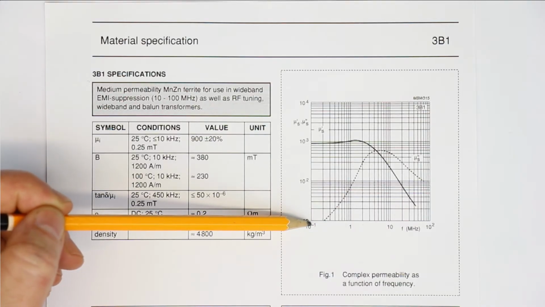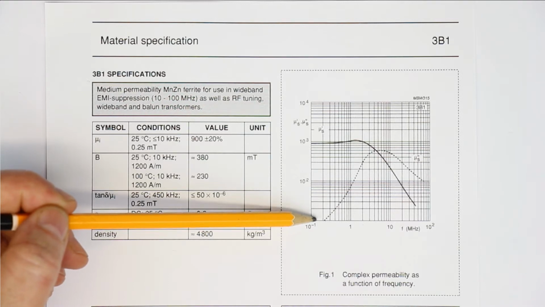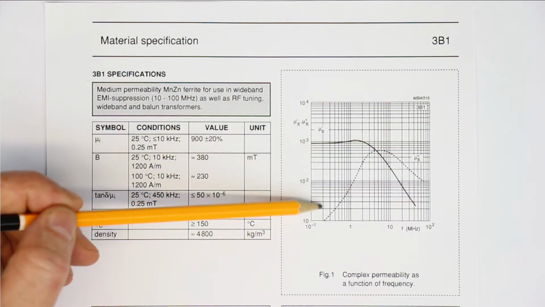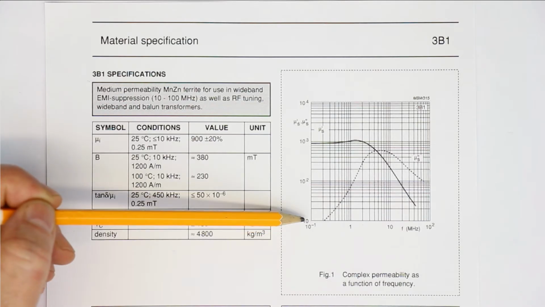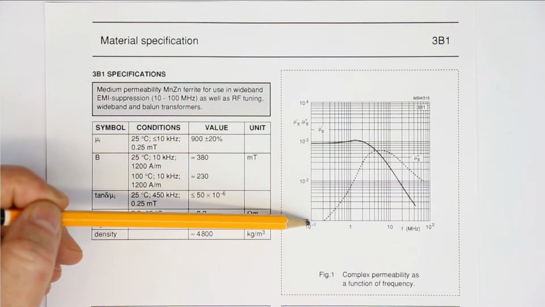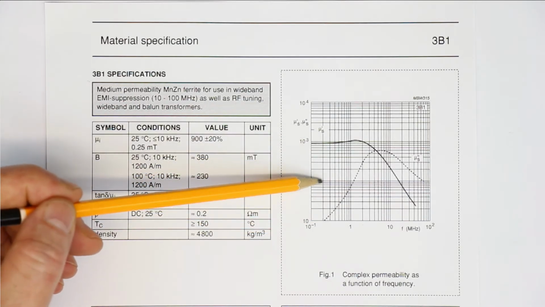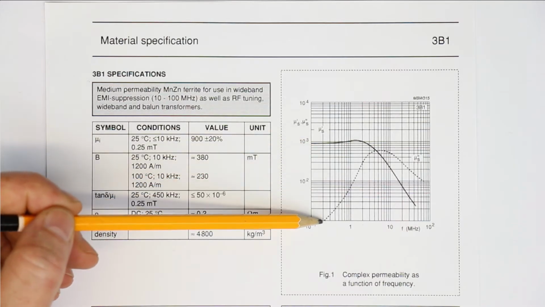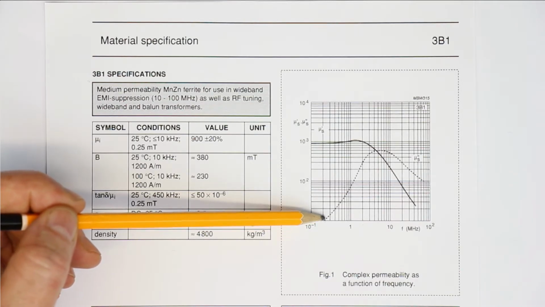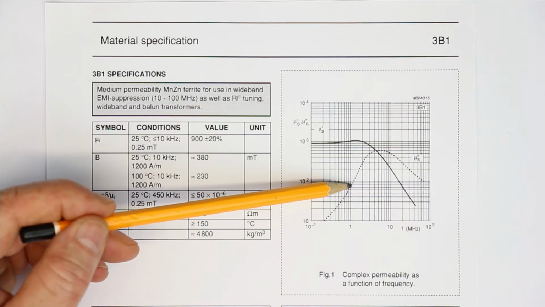So we can see here at 100 kilohertz, where the long wave range starts, we have a great distance. We have a logarithmic scale, and the distance is about 2 decades, which means that the losses are less than 1%, but from 200 kilohertz upwards to 1 megahertz, it starts to heavily rise.